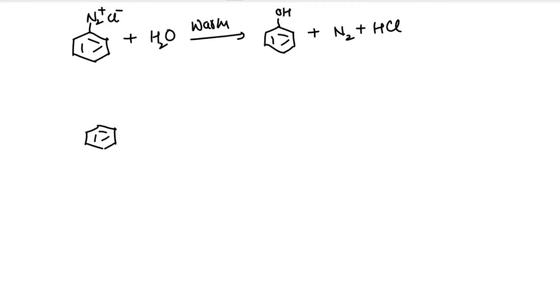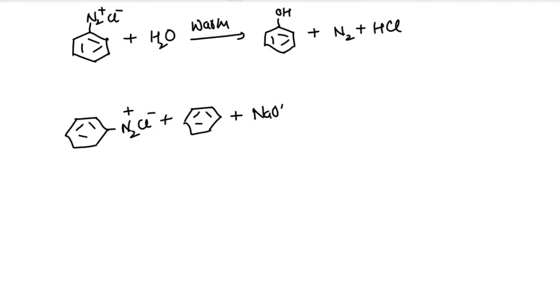Now benzene diazonium chloride, very good Sahil. If it is treated with benzene, okay, let us write it like this. This is benzene diazonium chloride. Now it is treated with benzene in the presence of sodium hydroxide. Okay, means we have alkaline medium.